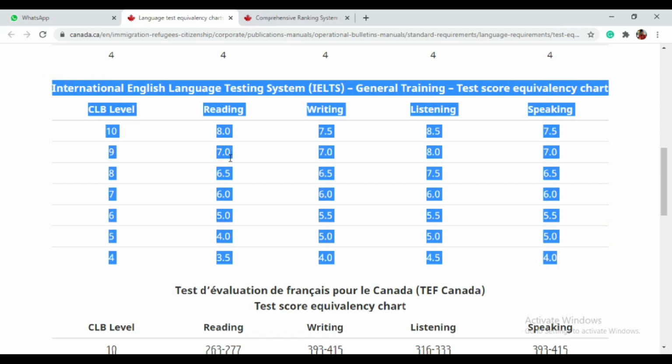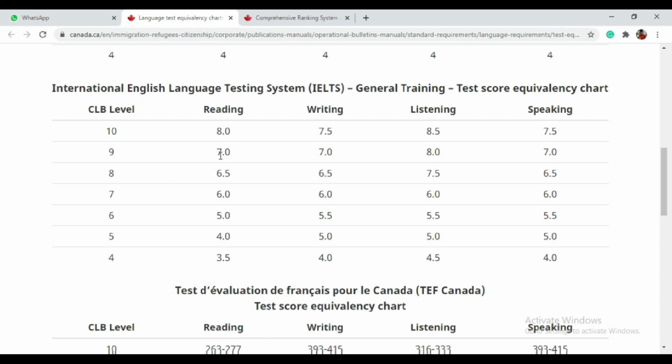Let's assume that you scored 8 in listening, 7 in reading, 7 in speaking. That is CLB level 9 so far. But if your score was 6.5 in writing, then in writing you will get points based on CLB 8 for writing only. For the other three modules, you will be getting points for CLB level 9.